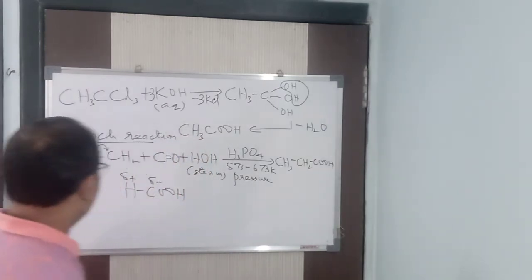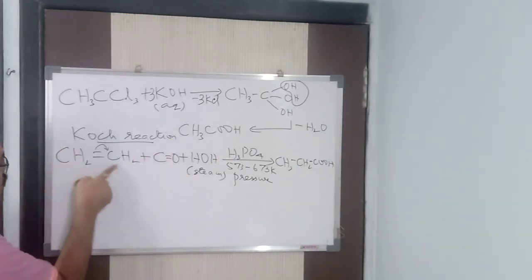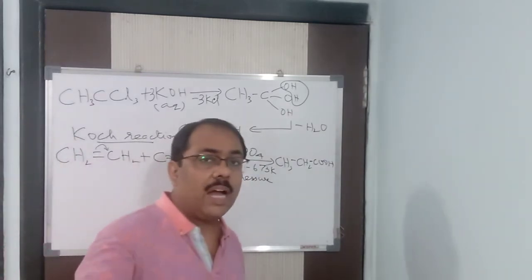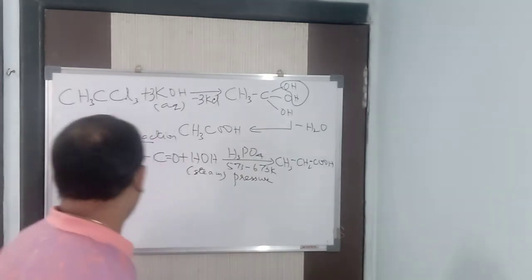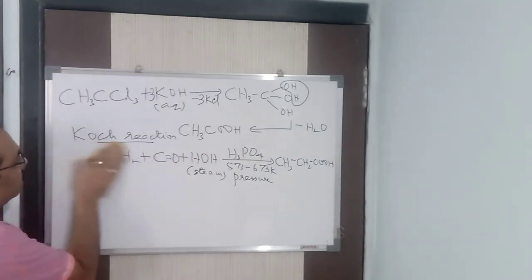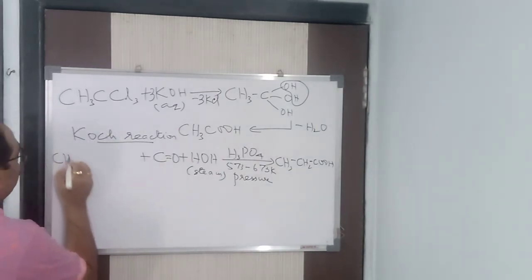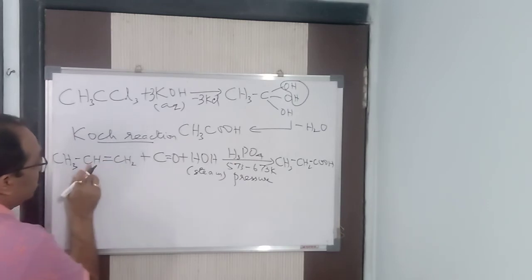Now suppose you take propene, where one more CH3 group is added. Then the addition will take place according to Markovnikov rule. Understood? If I take propene, that is CH3 single bond CH double bond CH2, the addition takes place here.